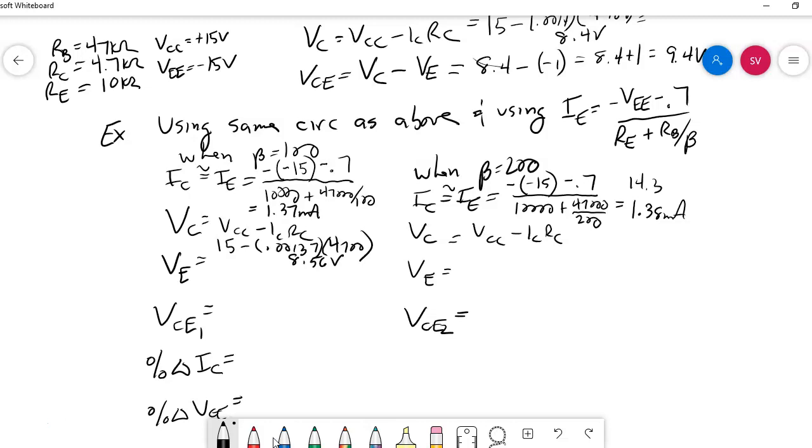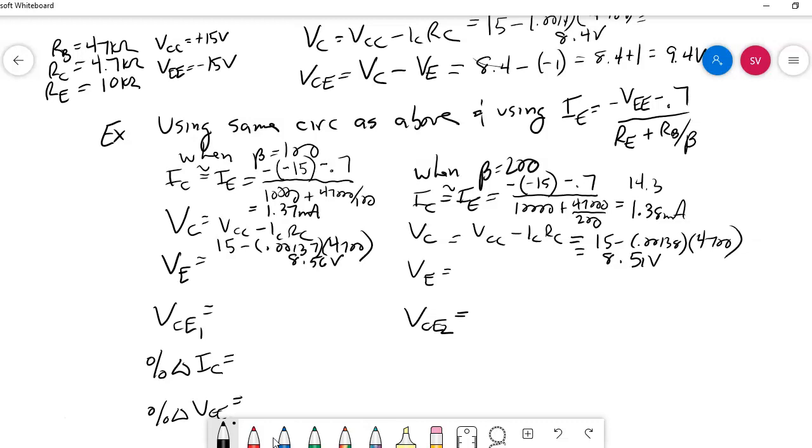For here, same idea, 15 volts minus 0.00138 amps times 4,700 ohms, and we should get a VC value of about 8.51 volts.